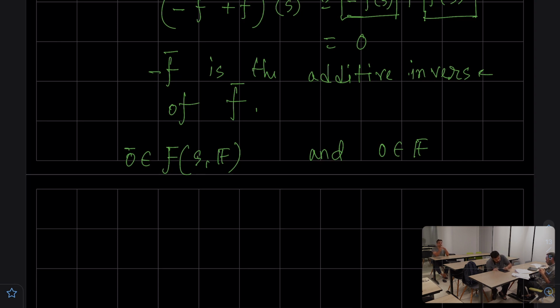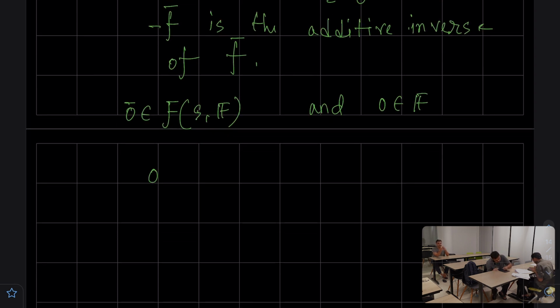The zero vector at s is equal to 0, the zero in the field. So this is how you define the zero function. It maps all the elements to the zero element.